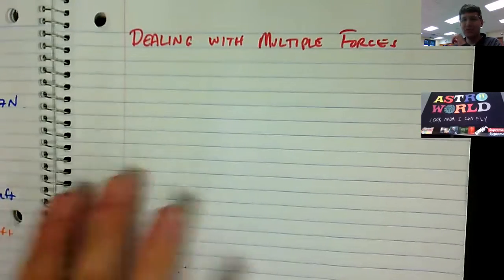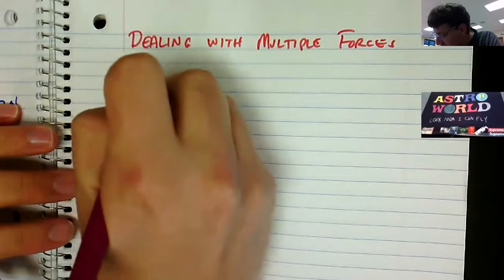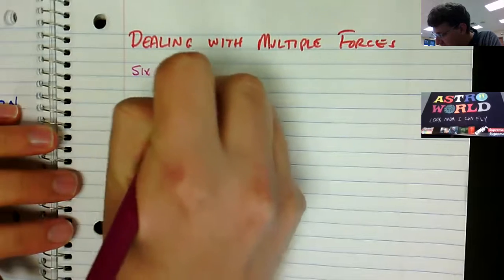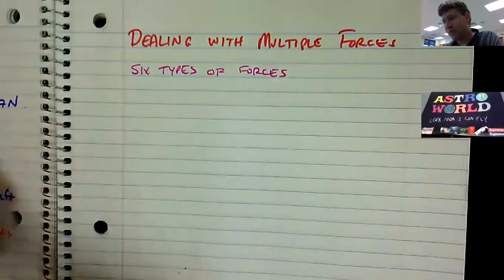Today we're going to talk generally about what we call the forces, instead of just saying the force is so many newtons. There are 6 types of forces that we're going to use here, and I'm going to write them down and define them for you real quick.